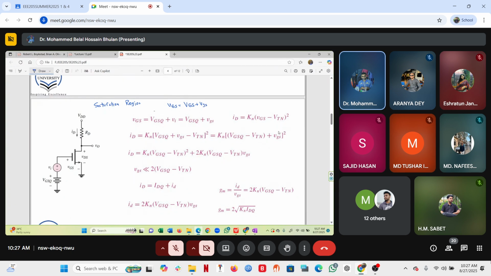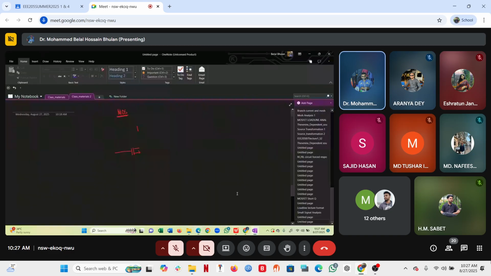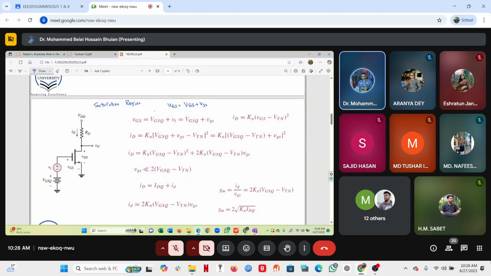And then we know the current ID for large signal: ID equals Kn times (VGS minus VTN) whole square.